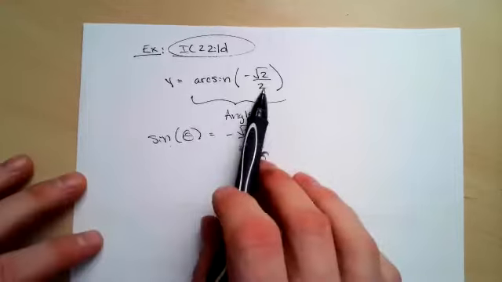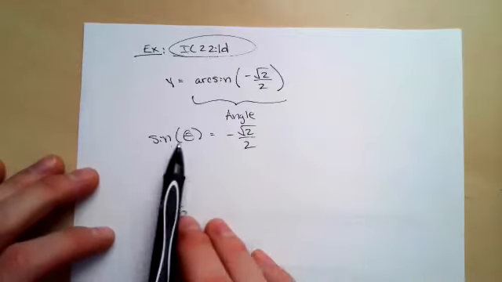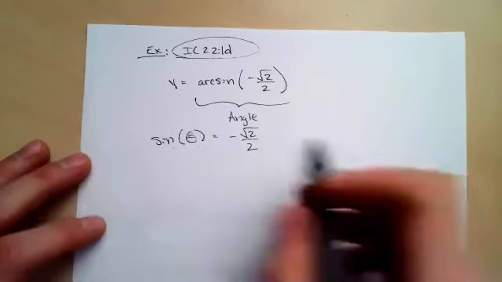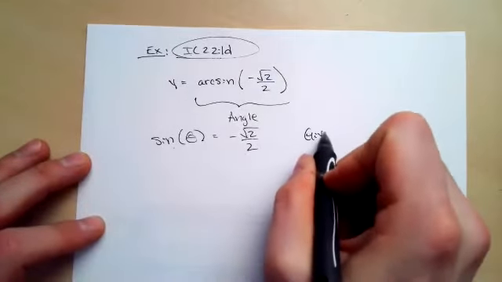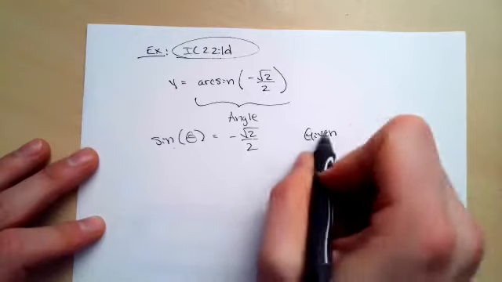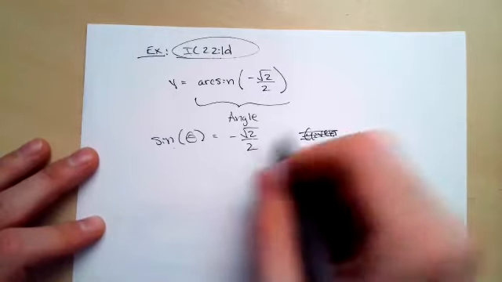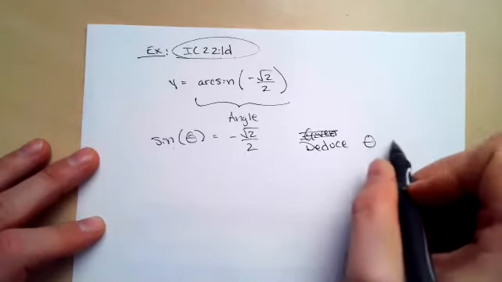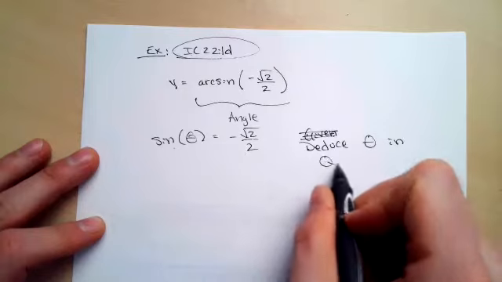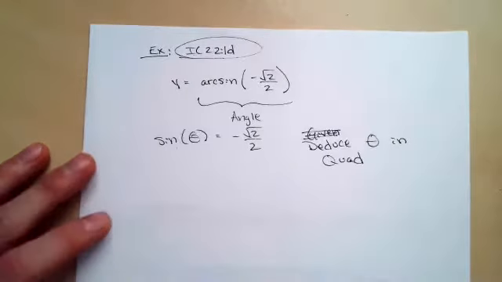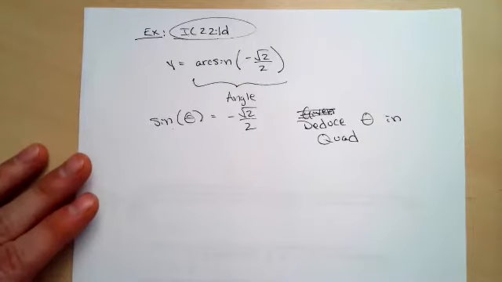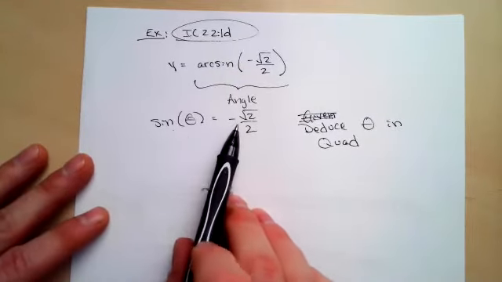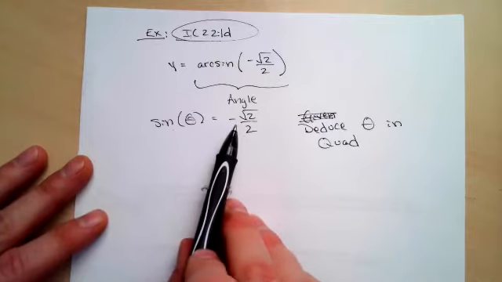So now we are just computing the value of a single function that corresponds to this statement, given the restriction. We deduce what quadrant theta is in. So theta should be in which quadrant? Where is sine negative? Quadrants 3 and 4.